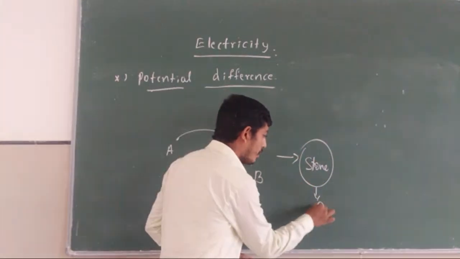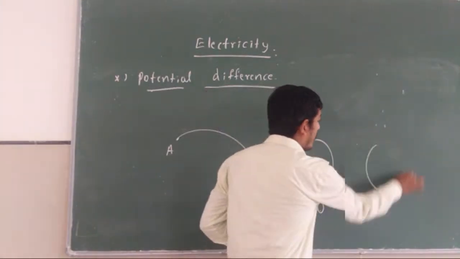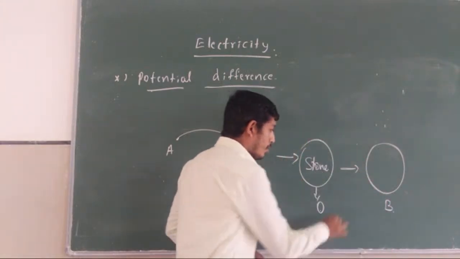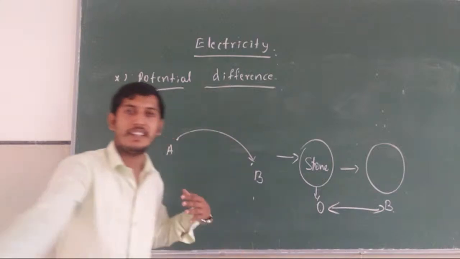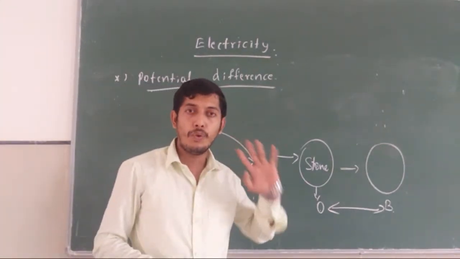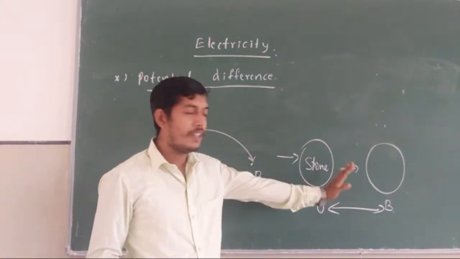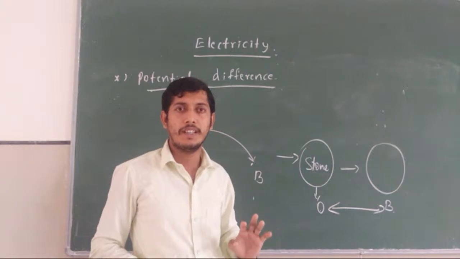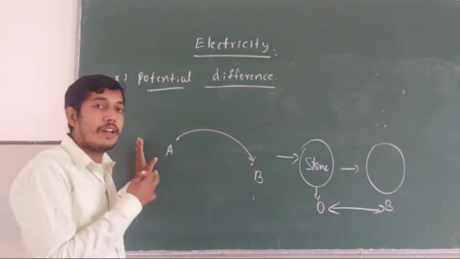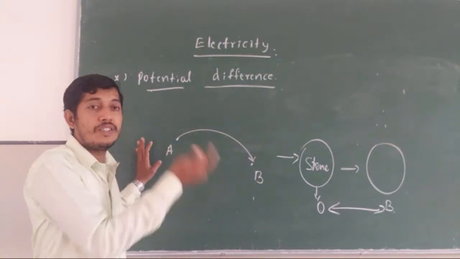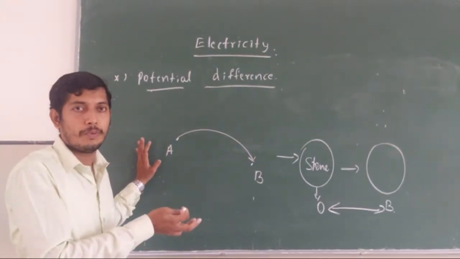If O is the original point, after that it comes to point B. So OB is the work done. How much force we have to apply to move this stone from one point to another, that is the work done. Similarly here, how much work is done to move a unit charge from one point to another.